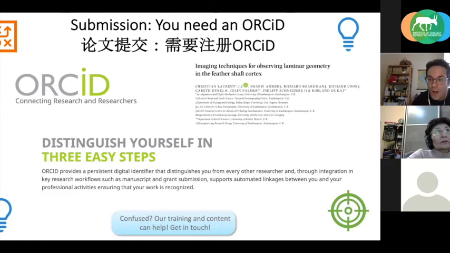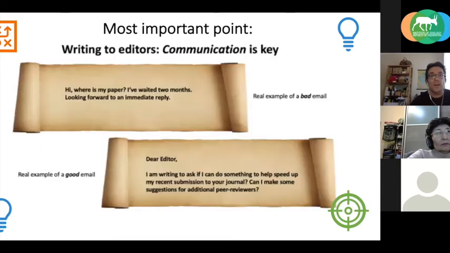So having an ID like this is very useful because it ties you to your research and to your institution, and it means that other international colleagues can find you quickly and identify your research. So all of this is about communication, being available to international colleagues, making sure that your research is known about and talked about.